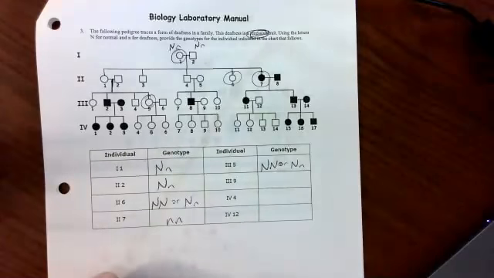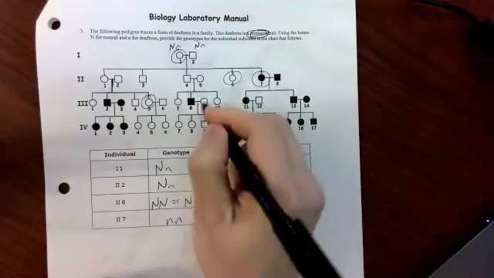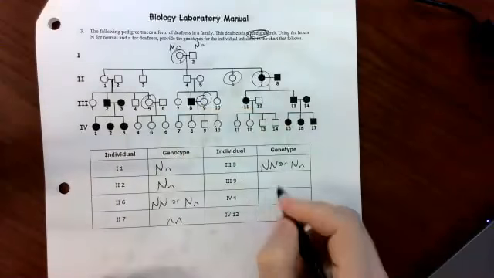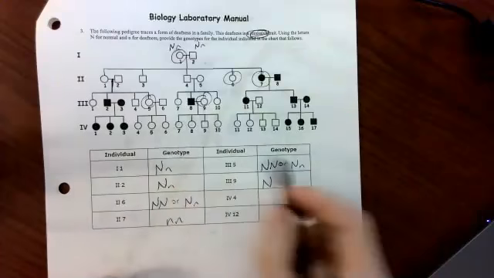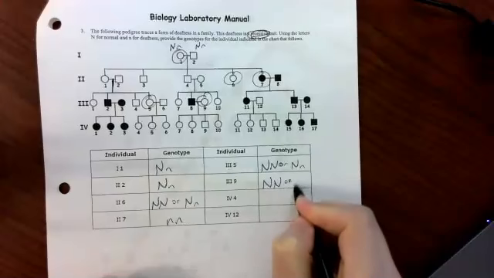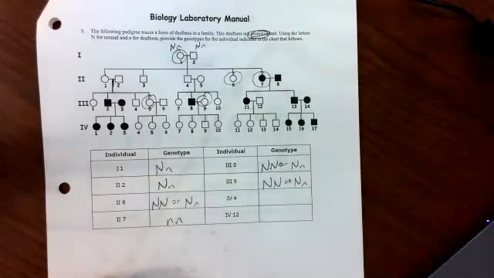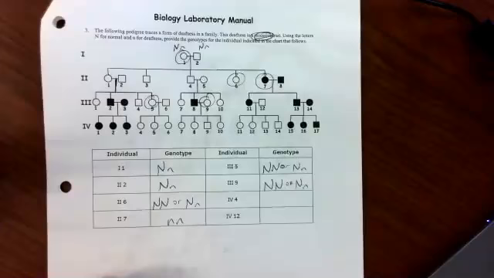Let's see, 3, number 9 is that individual right there. So we know they have a big N because they are normal. There's no way of knowing if they are big N, or big N, little n. So we'll put both. Line 4, number 4 is that individual right there.